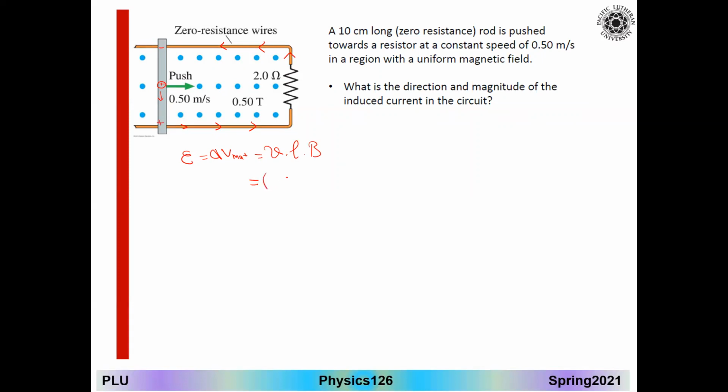I have the velocity 0.5 times the L, it's 10 centimeters, and times the magnetic field, 0.5 Tesla.